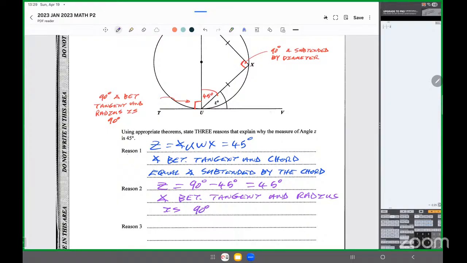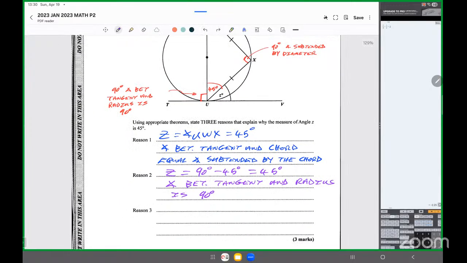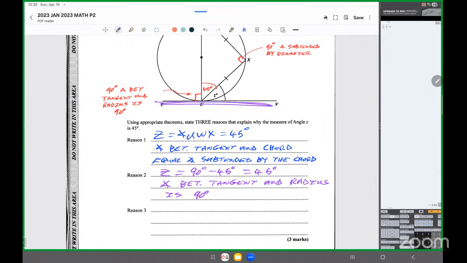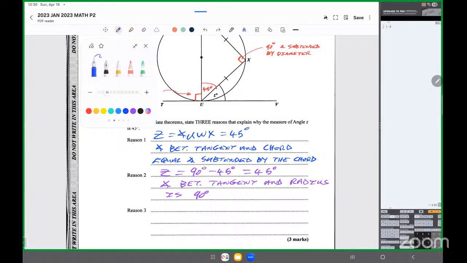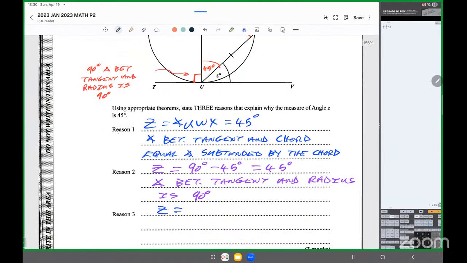And the angle between tangent and radius is 90, and inside it says 45 already, so this angle must be 45 as well. Then the total angle on a straight line is 180, because over here it's 90 already, and that's 45. I'm going to use that as my next one, in blue. So angle Z again is equal to 180 degrees minus the sum of the 90 and the 45 here.